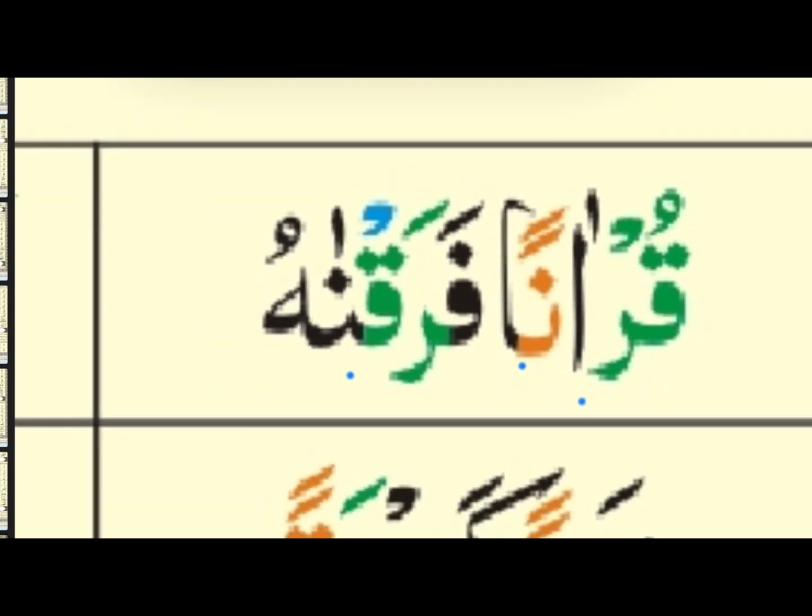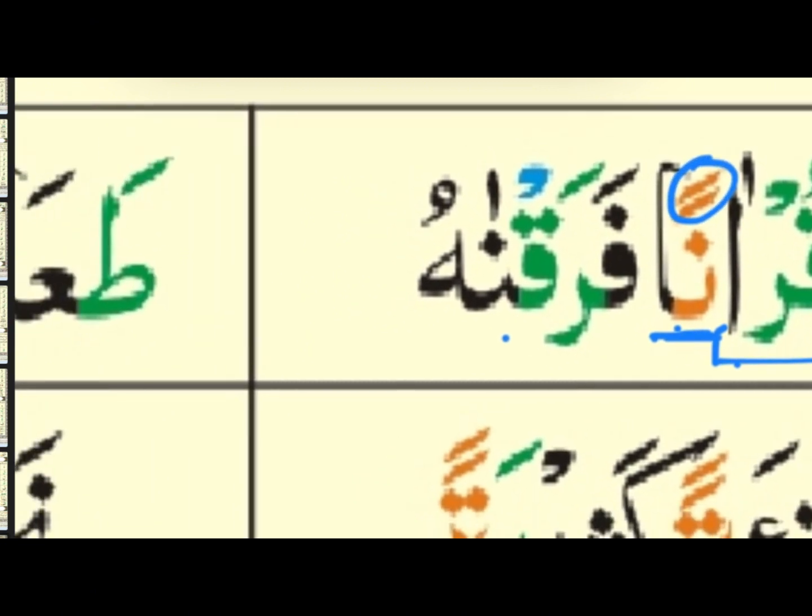So here we have Qur'an. Now this is two haraka because it's a standing fatha. Qur'anan, nan. And then we have faraqnahu. This is the qalqala with the sukoon, nahu. And this is the standing fatha.